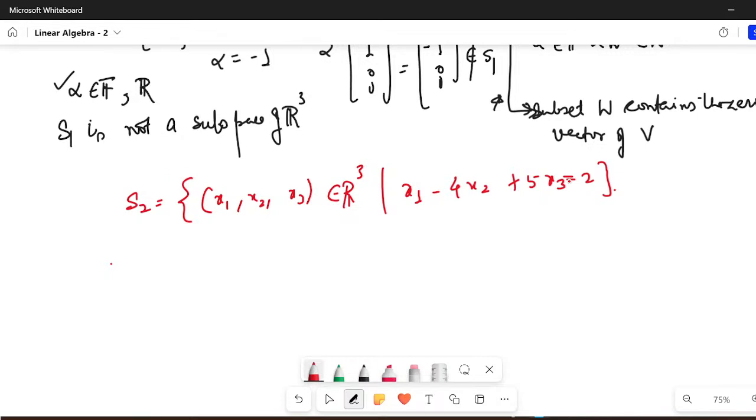Now, what do you think about this? Does S2 form a subspace of R cube?